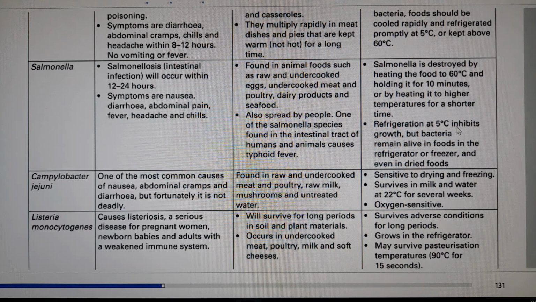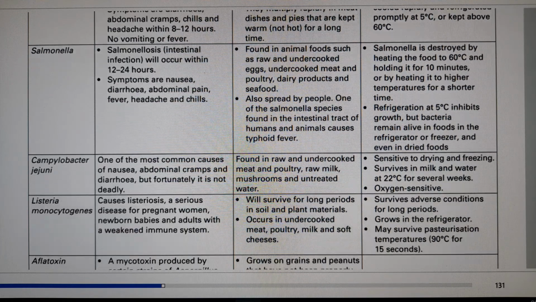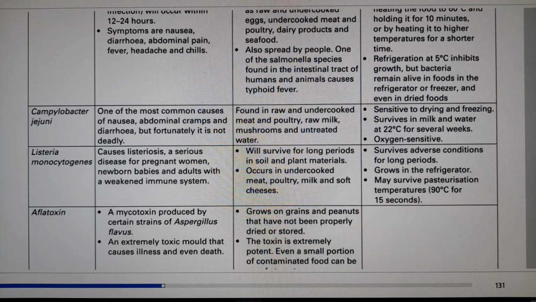Refrigeration at 5 degrees Celsius inhibits growth, but bacteria remain alive in food in the refrigerator or freezer, and even in dried foods. And then we have the sixth one, I think, which is Campylobacter jejuni.